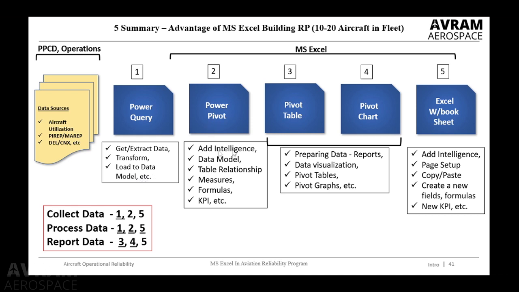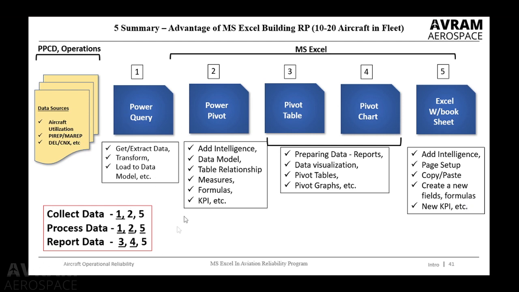Power Pivot adds intelligence: data model, table relationships, measures, formulas, KPIs. Pivot table, pivot chart, 3 and 4: preparing data reports, data visualization, pivot tables, pivot graphs. Excel workbook, Excel worksheet: add intelligence, page setup or printing area setup, copy paste, creating new fields, formulas, new KPIs, etc.